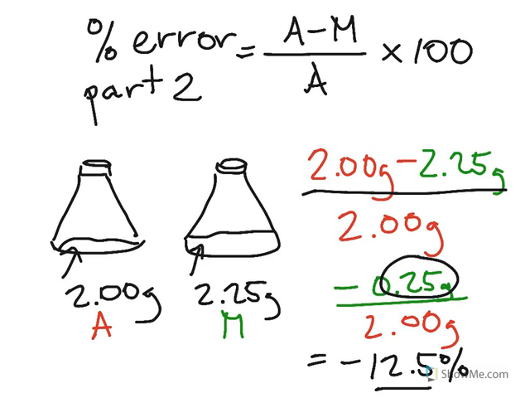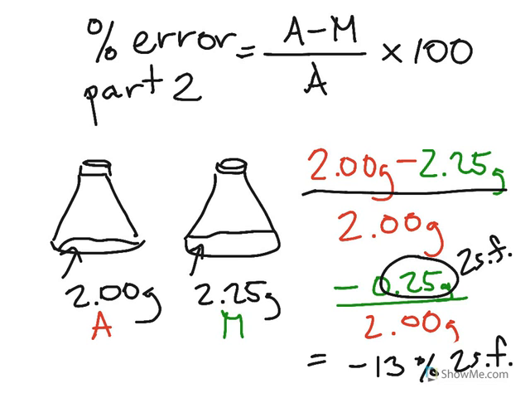Again, we're doing rules for significant figures. So if there's 2 significant figures here, 2 significant figures here, we need 2 in our answer. That means we need to erase this and report the value to be negative 13% error. Again, that's 2 significant figures.